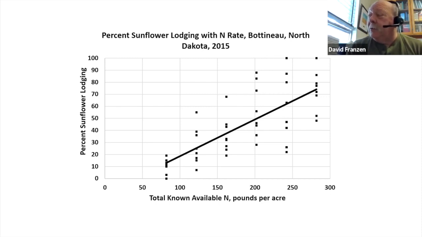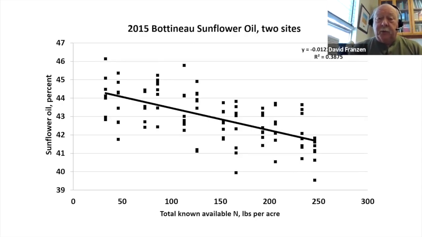We have a neighbor who doesn't ever put anything on, and his yields are always low, but they're always standing. And mine, I'm putting on what I think is the right rate, and mine fall down. He says it's just very frustrating. So that's true: if you have bigger heads, the torque on that is really something. You get a 60-mile-an-hour wind come down, they're flat on the ground.